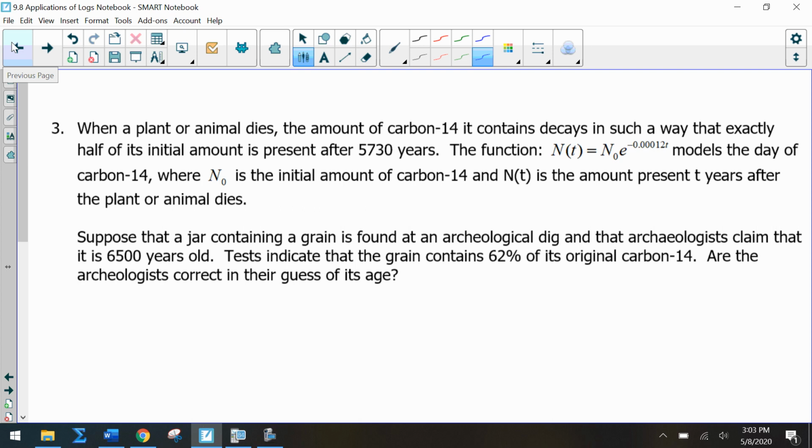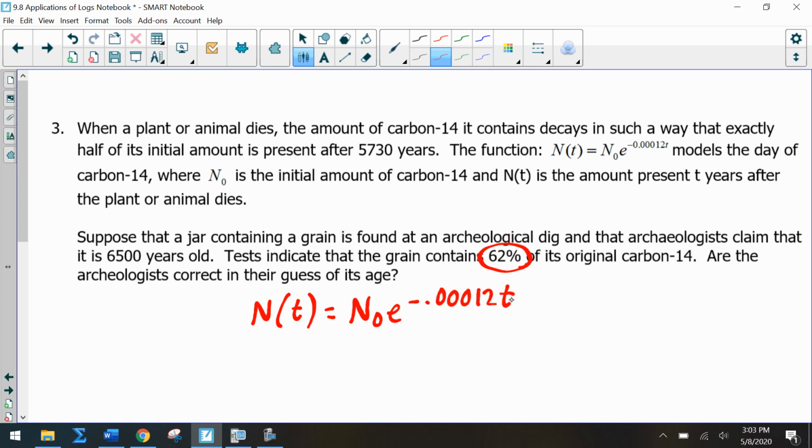So let's first begin by plugging in what we know. We have this function, where N sub 0 is the initial amount of carbon, okay?